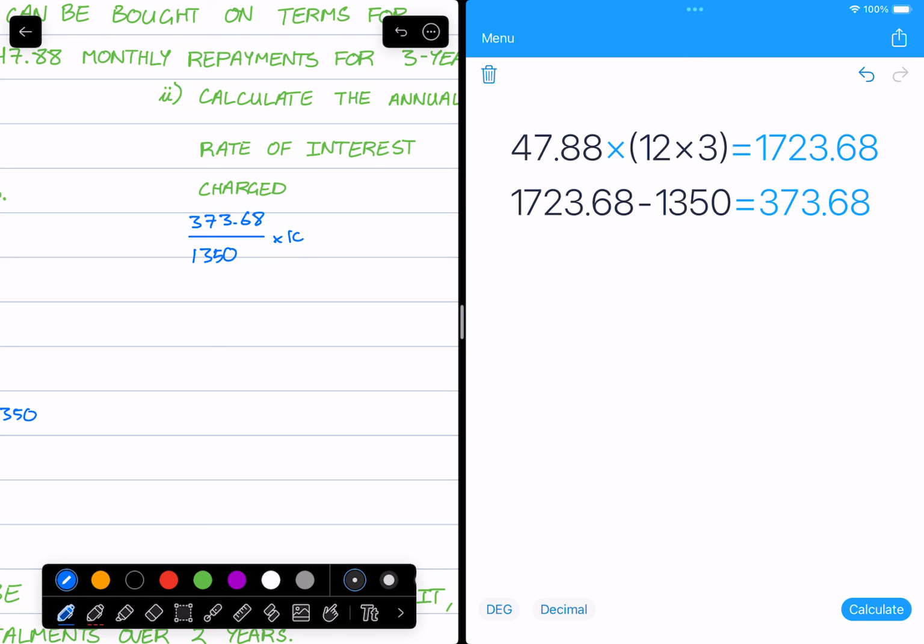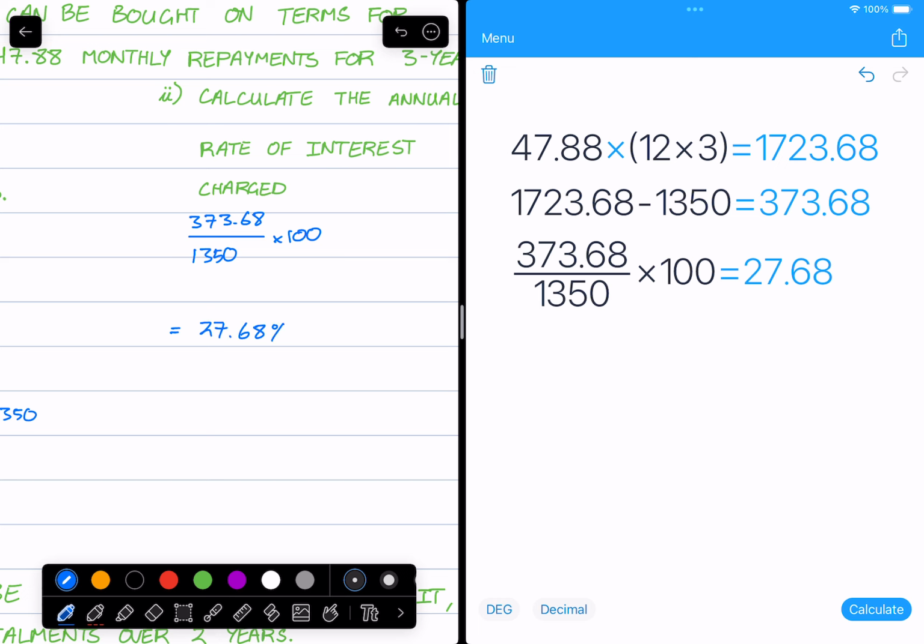And we want this as a percentage. So we can take this amount, divide it by the borrowed amount, times 100, and this will give us a percentage, 27.68% per annum.